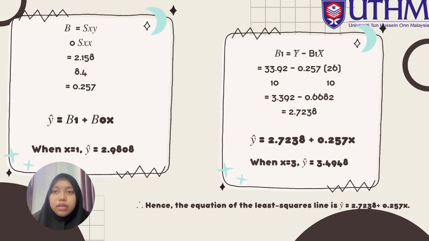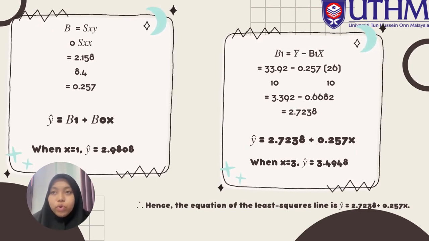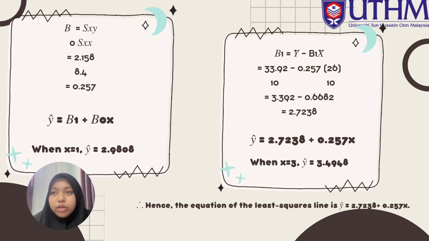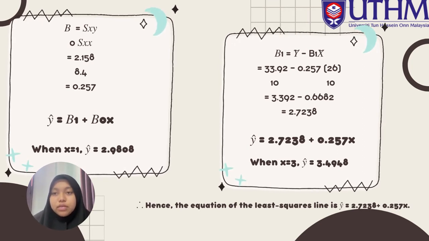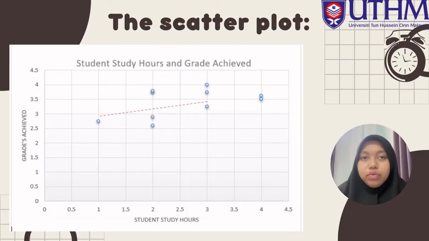Thus, the 2 points for the line of best fit are, for x equals 1, 2.9808, and for 3, 3.4948. Okay, based on the values that we get for x1 and x3, the line of red is our regression.